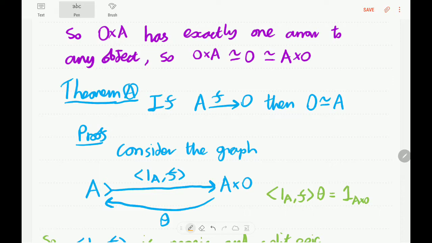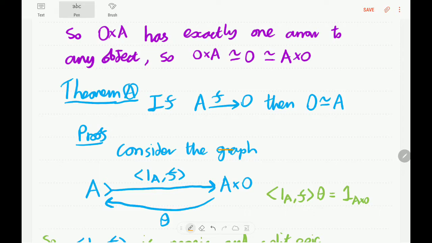So basically, in a topos or a Cartesian closed category, of which topos is a special case, whenever we have an arrow from an object into an initial object, the source of that arrow must itself be an initial object.